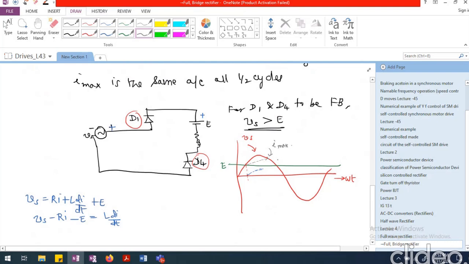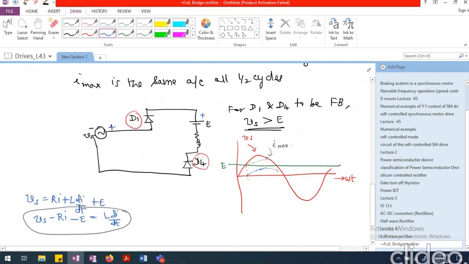I maximum occurs here. As per this equation, you can very well see Vs minus IR minus E, all of them put together has to be 0. Only then I max occurs. So the current maximum occurs somewhere here and then it will start falling.